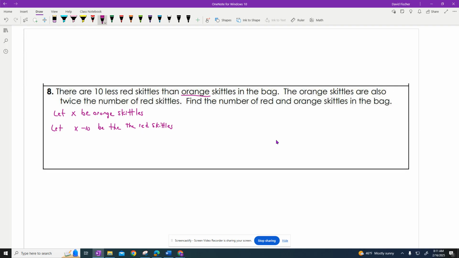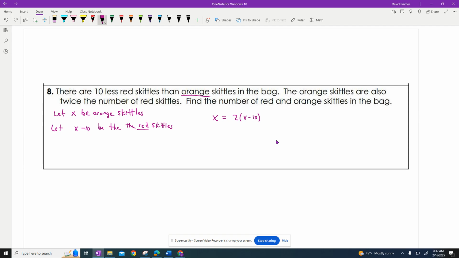So we're talking about the orange ones. If I wanted twice the red, but I don't know what the red ones are, so this is really crazy. The orange Skittles, which I don't know what they are, also twice. So also means I want to put an equal sign here, and I want twice the red Skittles, which were X minus 10.